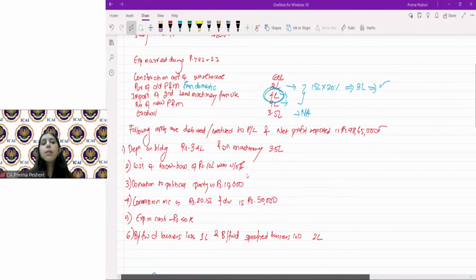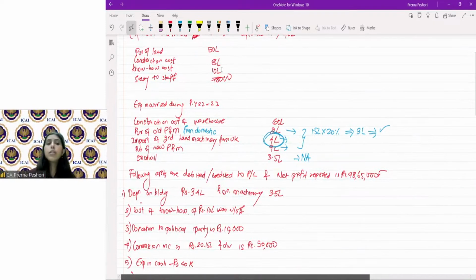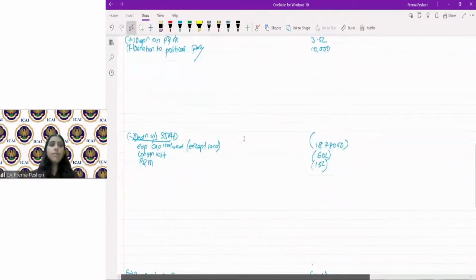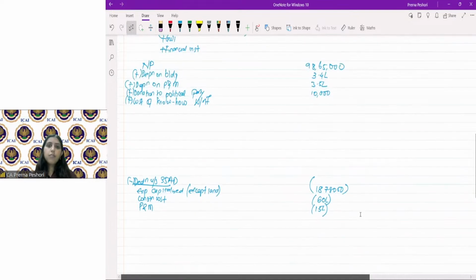Yes, Kaushiki. Add back because 100% is allowed here as the deduction under 35D. So again, you cannot claim this as expense, right? So we will add back the know-how cost written off, 10 lakhs.